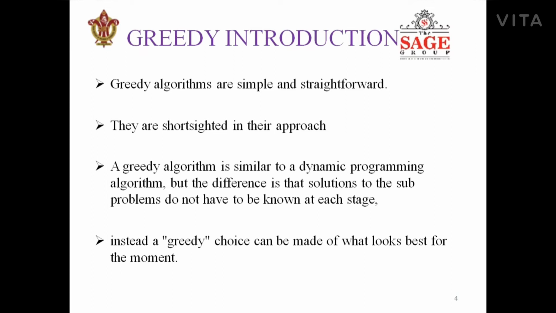In the greedy method we just find the best solution and then proceed to the final optimal solution. Instead, a greedy choice can be made of what looks best for the moment. So we just decide the best solution based on the current inputs.